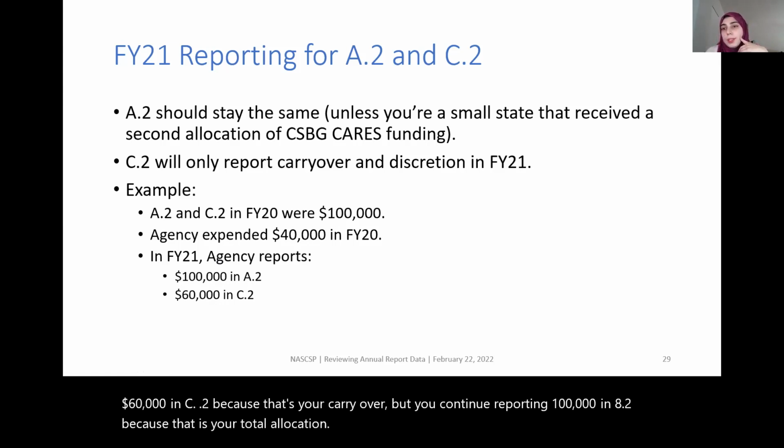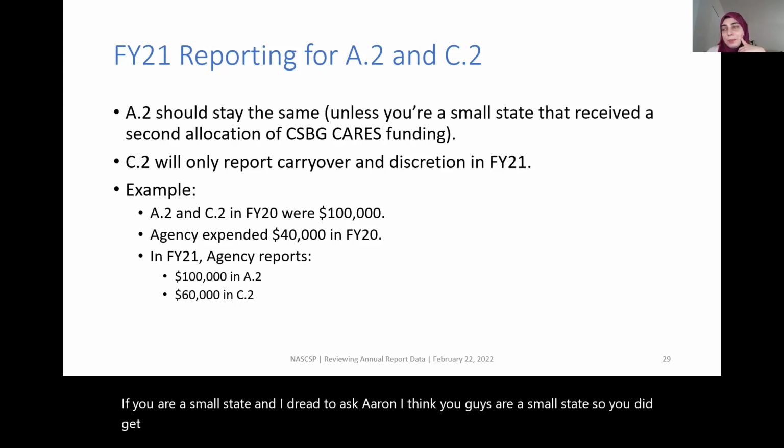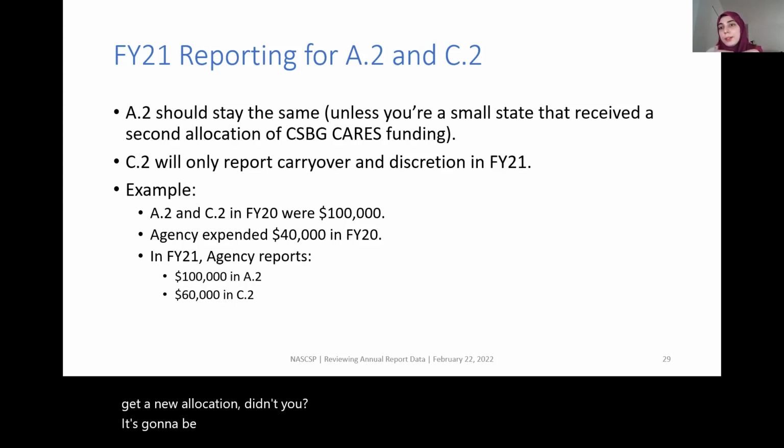If you are a small state, and I dread to ask, Erin, I think you guys are a small state, so you did get a new allocation, didn't you? It's going to be very convoluted. And to be honest, OCS is still sort of refining the guidance there.